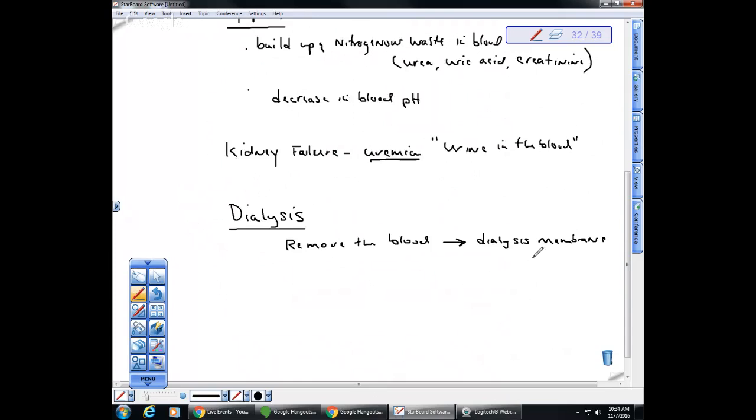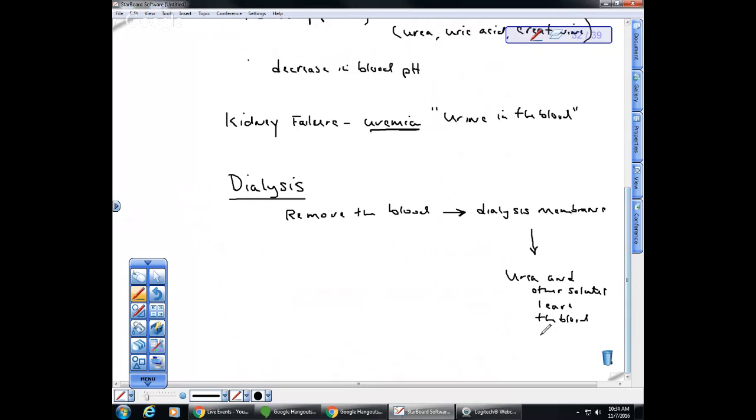And then urea and other solutes leave the blood passively. The dialysis membrane is bathed in a fluid that is going to draw the urea out, and some other solutes will come out, and they can also put glucose back in. So if a person is malnourished, they can put glucose back into the blood as well. And then they put the blood back into the patient.